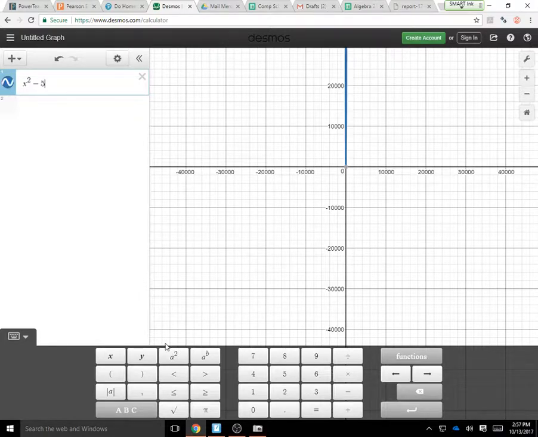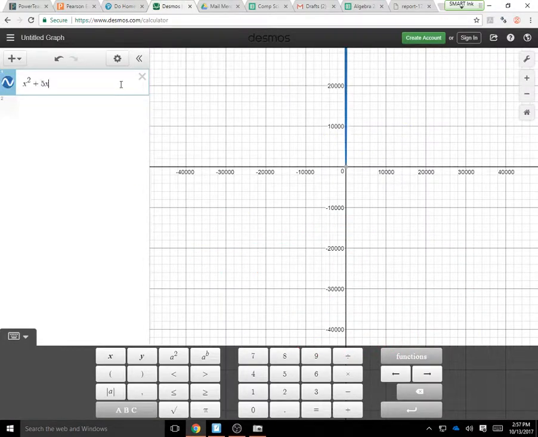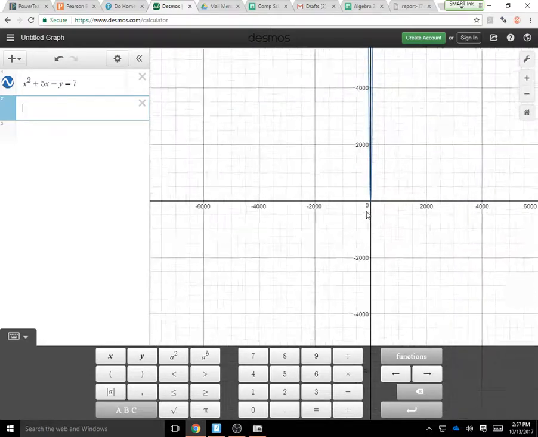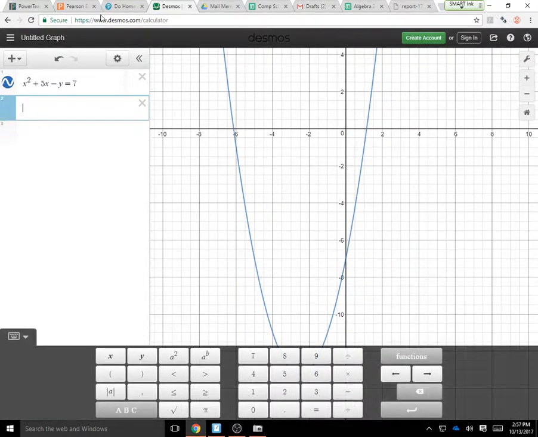X squared plus 5x minus y equals 7. And then the other one was x plus y minus 2 equals 0.